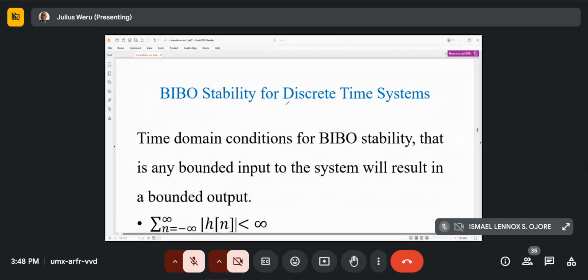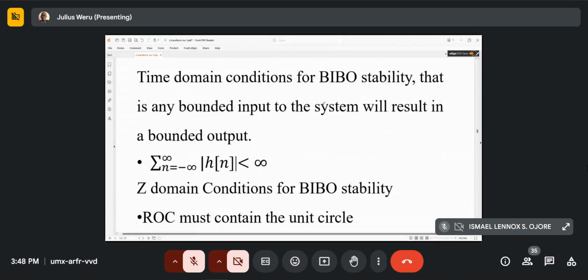So the BIBO stability for discrete-time systems. We say that a system is BIBO stable if any bounded input to the system will result in a bounded output. And for that, you do the summation of all the samples of h[n], but we are talking about the magnitude of h[n].